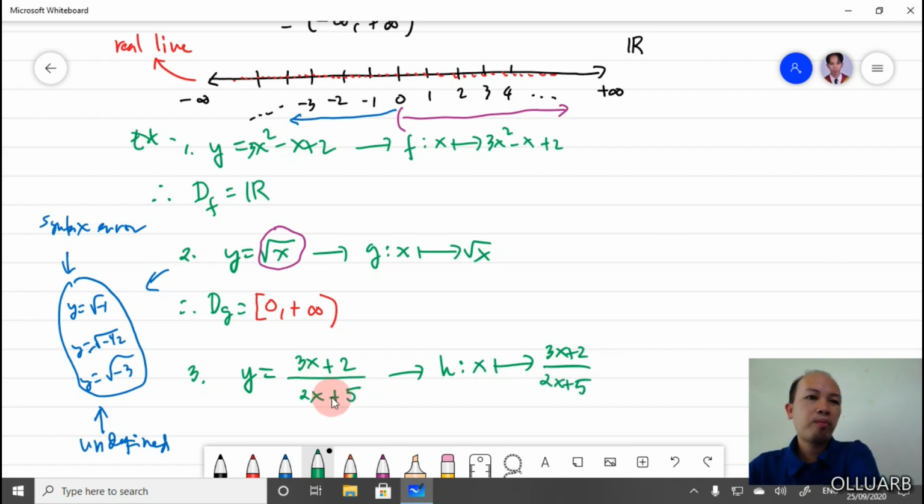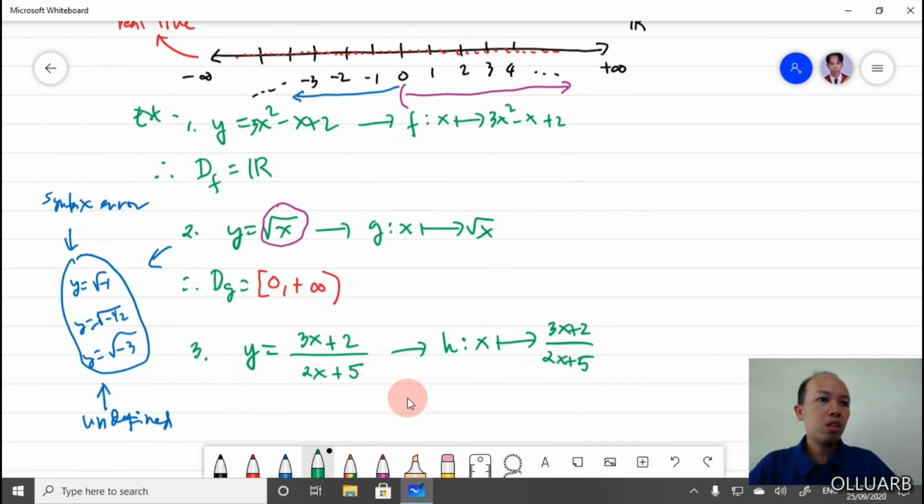So our domain, D sub h, is what? Let me explain this. Is this equation y in terms of x?